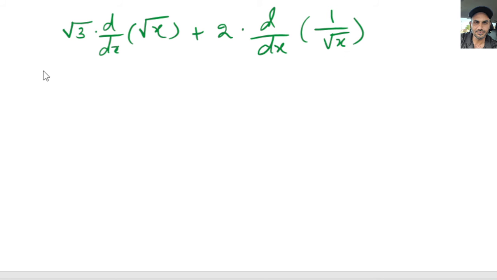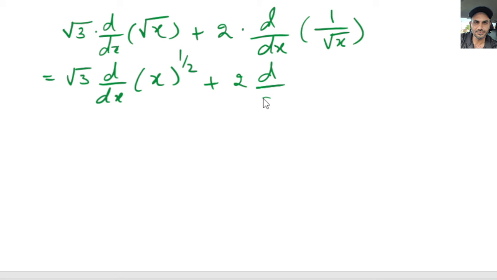Okay. Now I'm going to change the square root into the exponent form. The reason I'm going to do it is because it would make it easier for us to take the derivative. So instead of a square root, I'm going to write it as x to the 1/2, plus 2 times d over dx, and I'm going to do the same thing here, x to the 1/2 power.